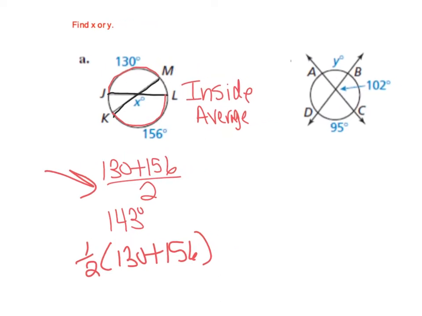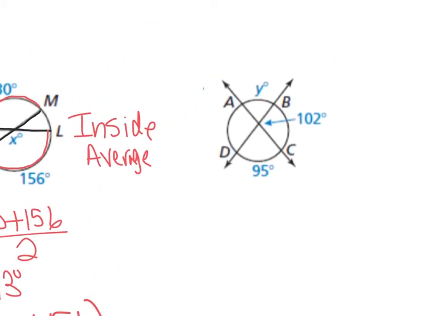Okay, so let's take a look here at what we have. We've got two chords that are intersecting here and here. Let me erase this little guy out here because we want to focus in just on the inside of the circle and the arcs that are intercepted.